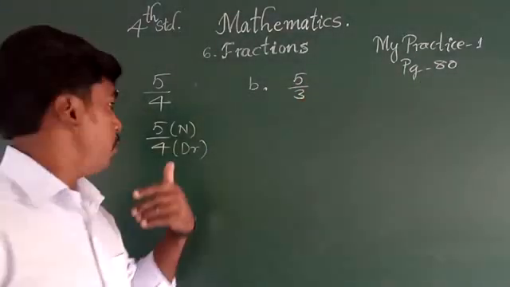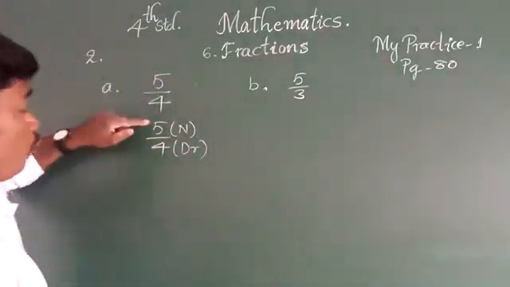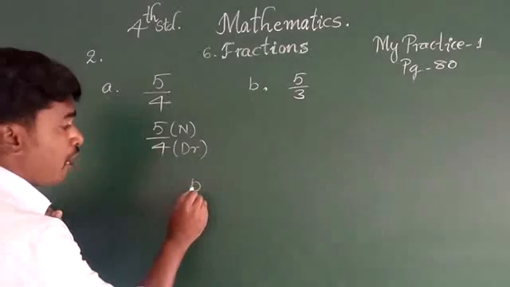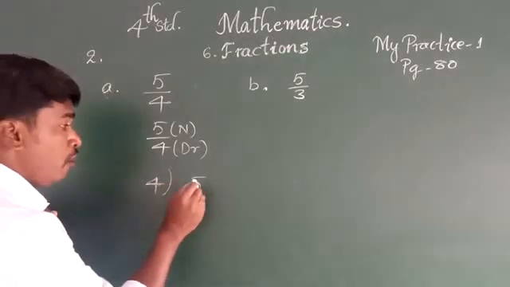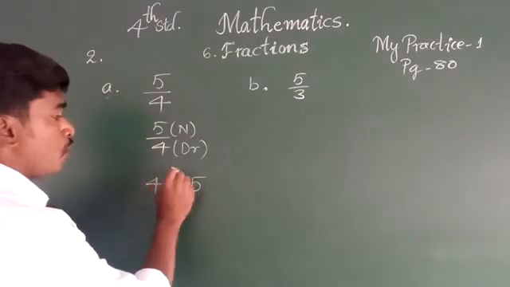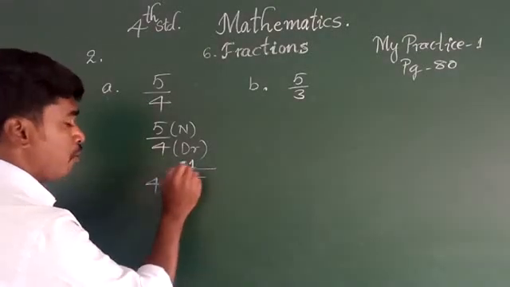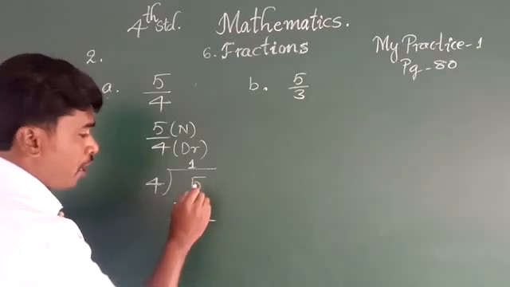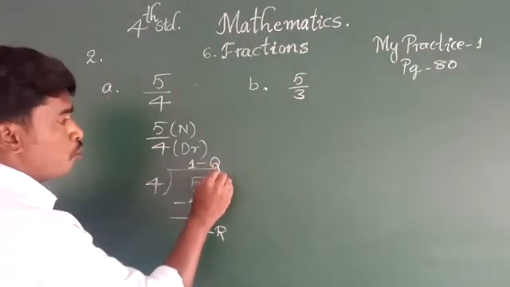While converting improper fractions into mixed fractions, the numerator has to be divided by its denominator. 5 is the numerator, 4 is the denominator. 5 has to be divided by 4. 4 ones are 4. Subtract: 5 minus 4 is 1. This is the remainder, and this is the quotient.